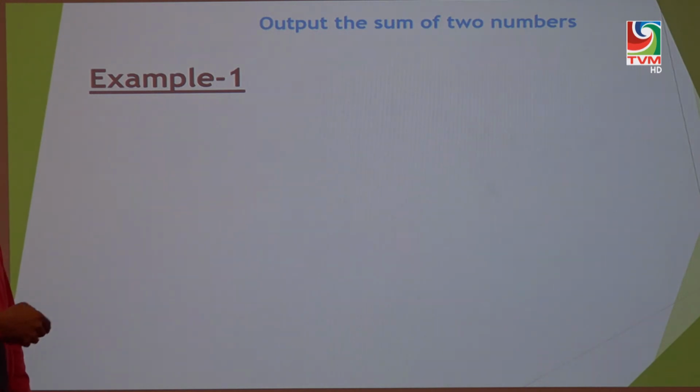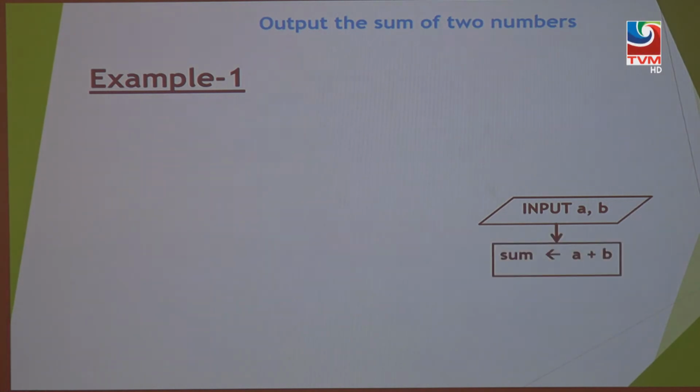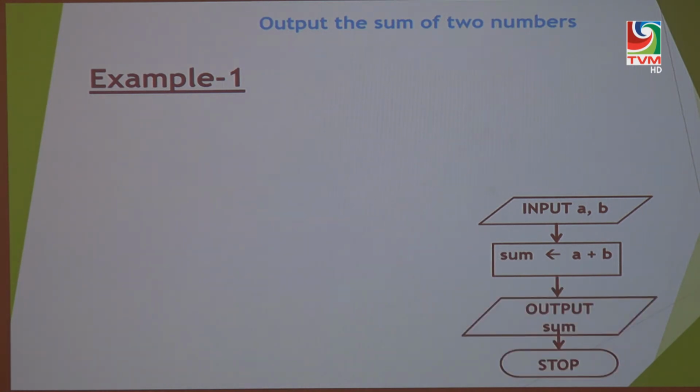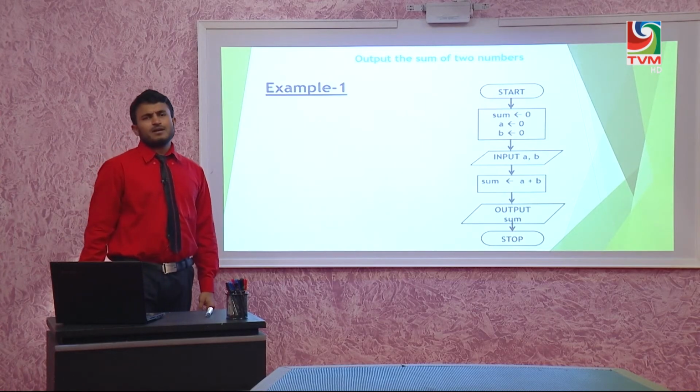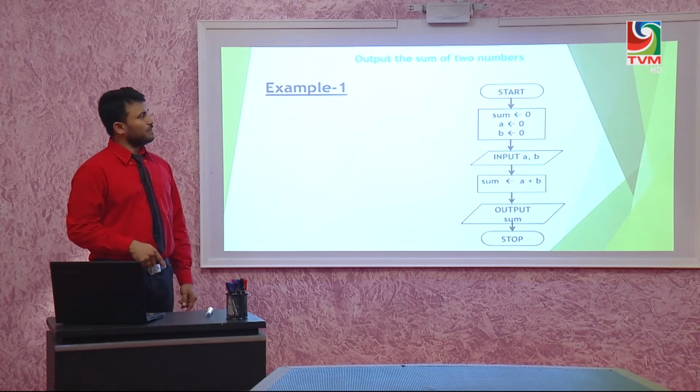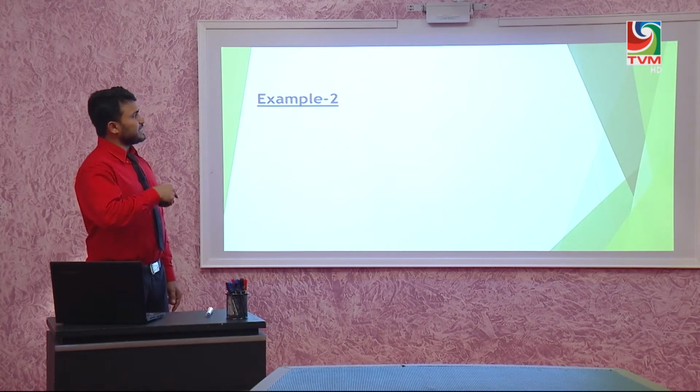Again, this is your input value, input A comma B, where A and B are the variables. Sum equal to A plus B, that is adding A and B and storing to the variable sum, and you are finding the output and initializing the values, sum equal to 0, A equal to 0, B equal to 0, and finally you have start. So this is a small example of how a flowchart looks. Now, just see another example.